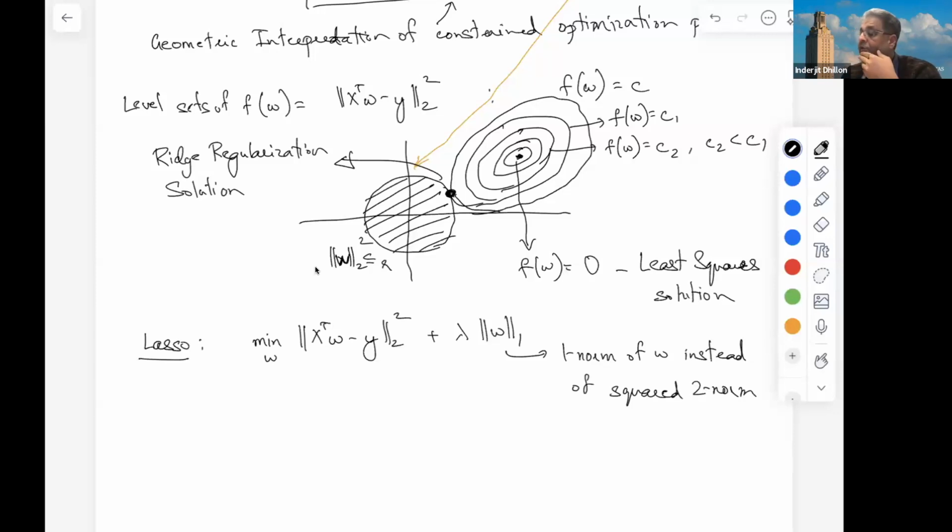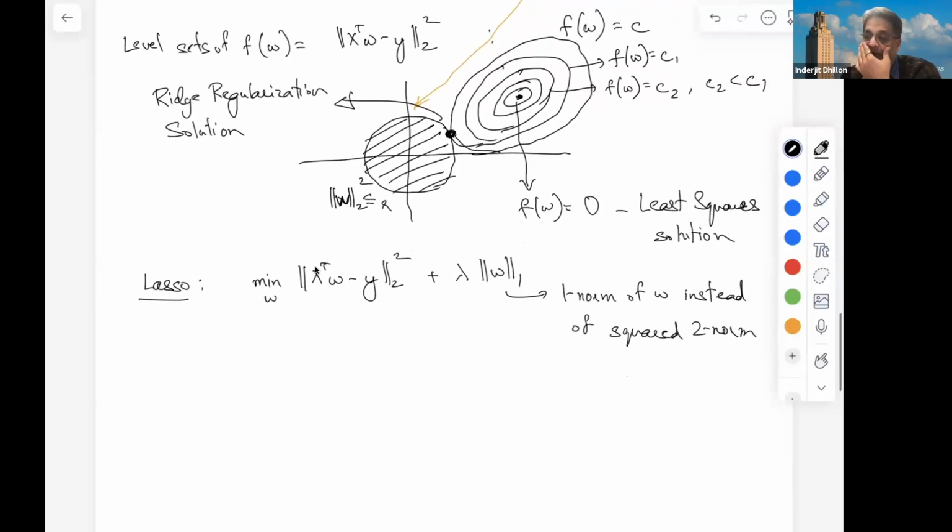People use this, and one of the reasons people use this is that lasso many times leads to a solution with sparse W. And what do I mean by sparse W?